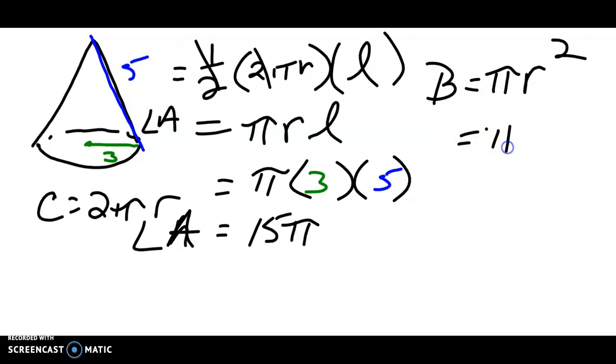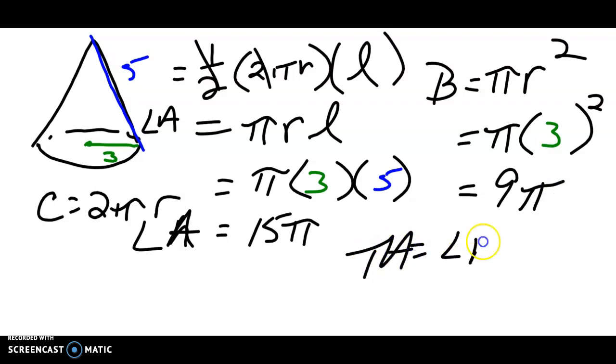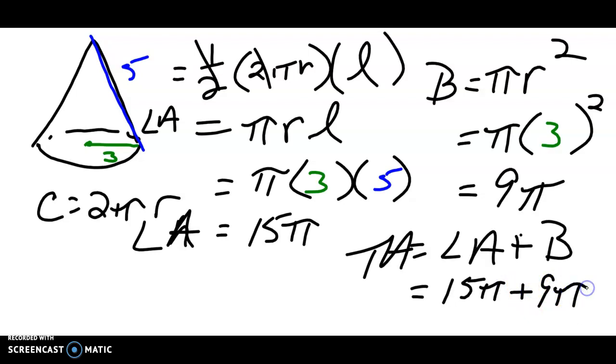Base area is going to be equal to pi times 3 squared, which is equal to 9 pi. So then total area is equal to the lateral area plus 1 of the base areas. So we got 15 pi plus 9 pi, which is 24 pi.